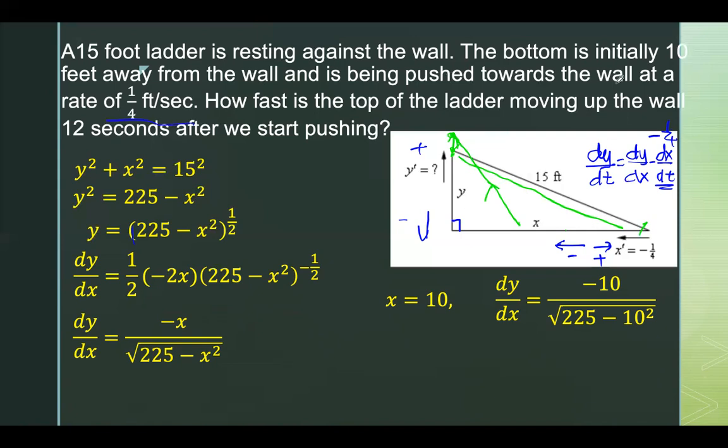Because initially it's 10 feet away. So therefore we use this, and dy/dx, you get negative 2 square root 5 over 5. You use your calculator.